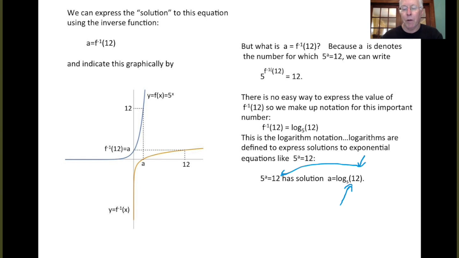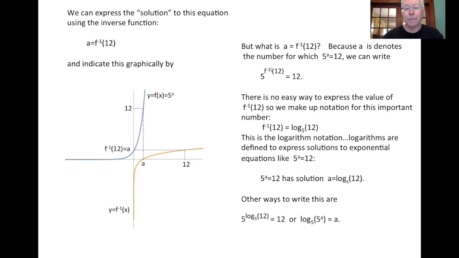And so we can think of the logarithm again. Log base 5 of 12 is the number to which we raise 5 to get the answer 12 back. Again, we don't know what it is. We don't have a good way to solve for that in terms of, say, radicals or trig functions. So we make up this new notation, this logarithm notation. Other ways to express this relation are the following.